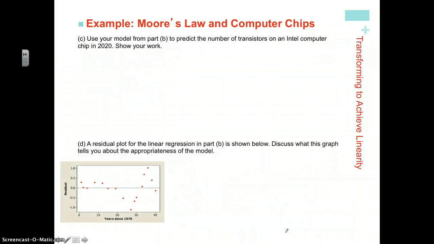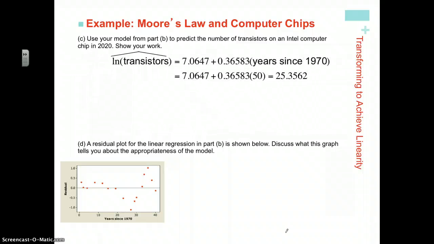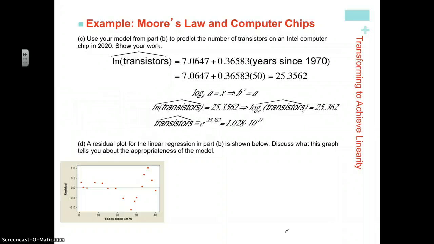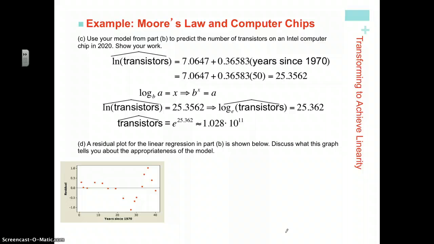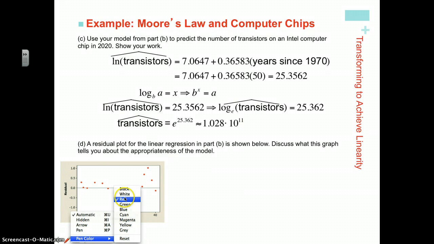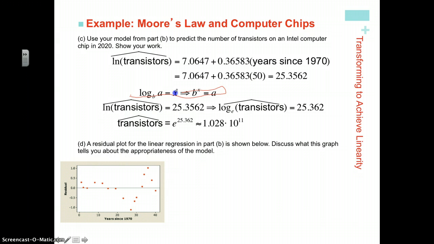Use your model from part B to predict. So we're just going to use that. Again, this becomes a little strange because this is not actually the number that you're going to use for your prediction, because this would be a logarithm of that number. So we'd have to follow this definition.